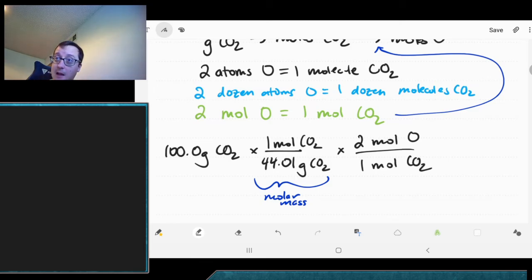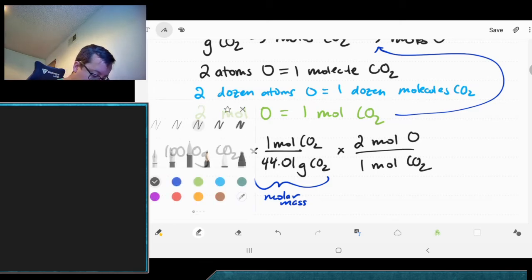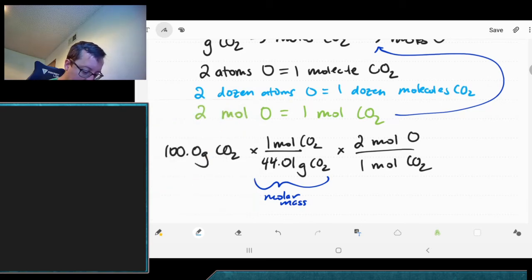And so let's now double check that everything is correct here. Do we have grams of CO2 in the numerator and denominator? We do. Grams of CO2 can cancel out. Do we have moles of CO2 in the numerator and the denominator? We do. Those can cancel out as well. And we're left with moles of oxygen, which was the units that we wanted.